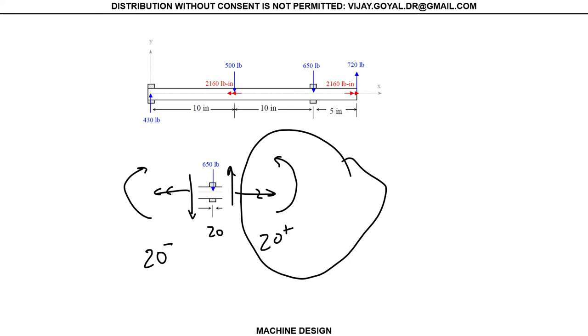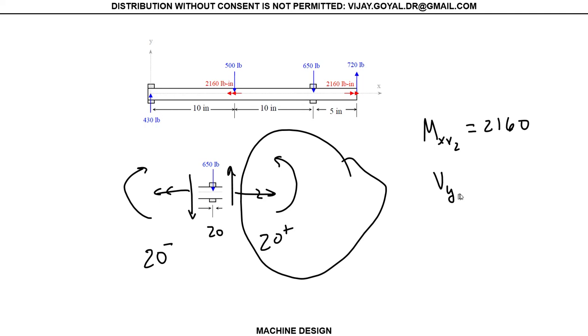I will let you go through the process and show that the loads that we are looking for are the following. The load in MXX2 is 2160.